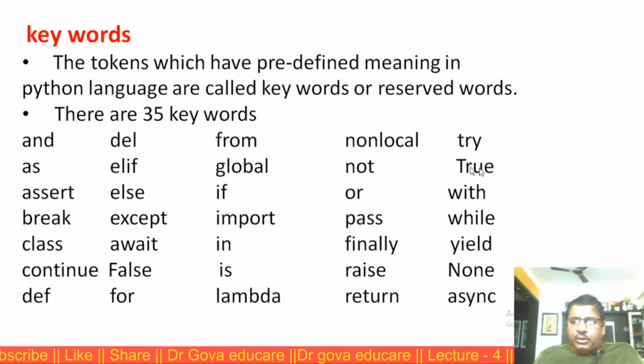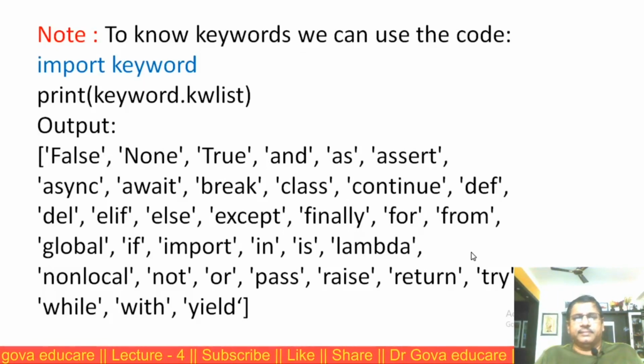Now, in True, T must be a capital letter. In False, F must be a capital letter. In None, N must be a capital letter.